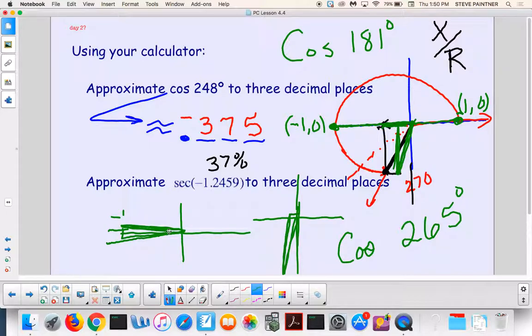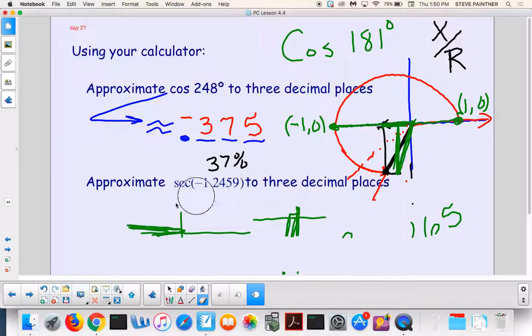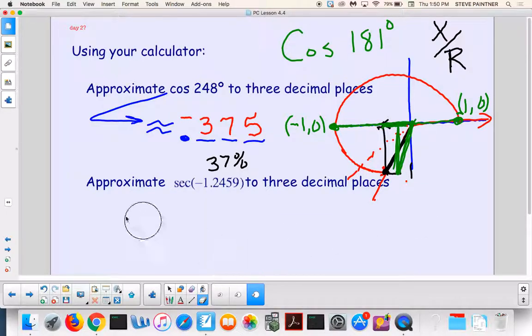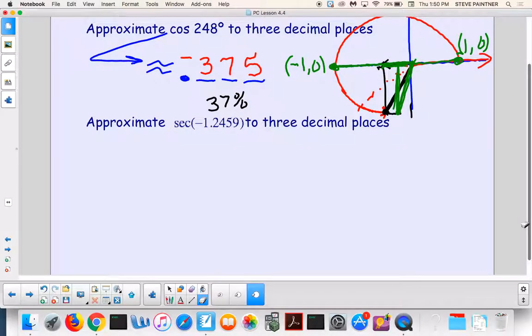Secant of -1.2459, go. You guys finding your secant button? Absolutely not. You don't have one.